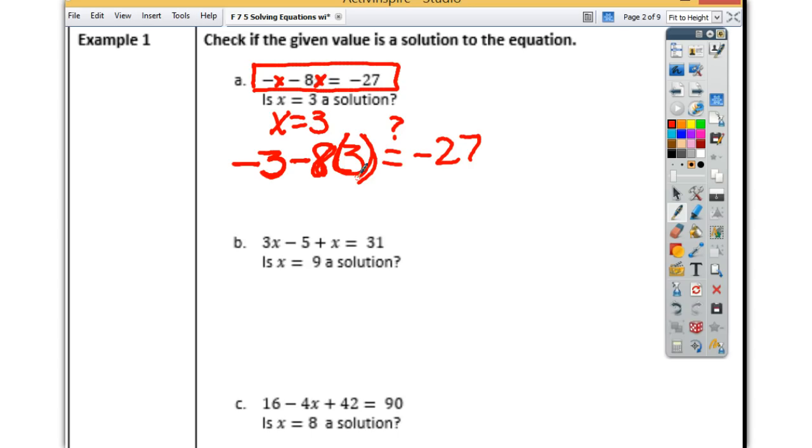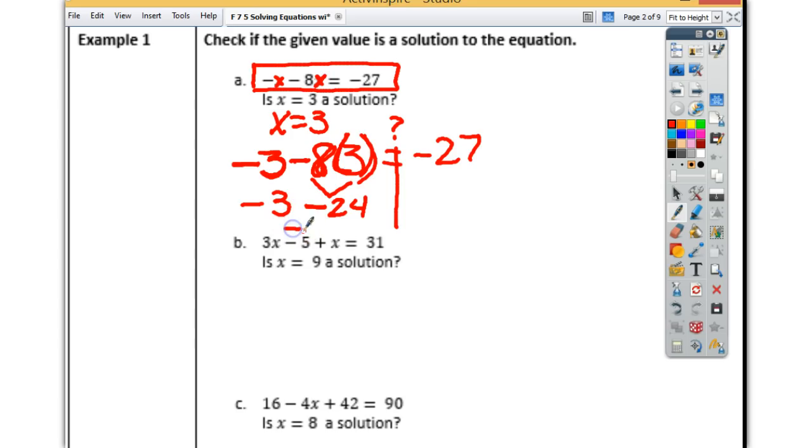So what is the first thing you need to do in the order of operations to solve this? I don't go negative 3 minus 8. You can't add and subtract, do the easy stuff first. We have to do what first? Yep, negative 8 times 3 is a negative 24. Now bring down the minus 3. What's a negative 3 and a negative 24? Fight or unite?